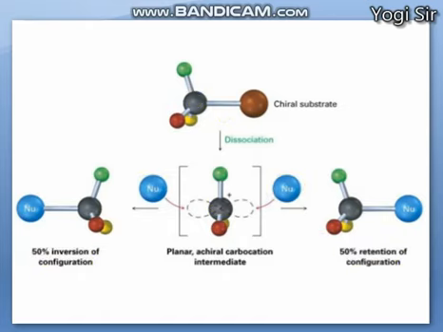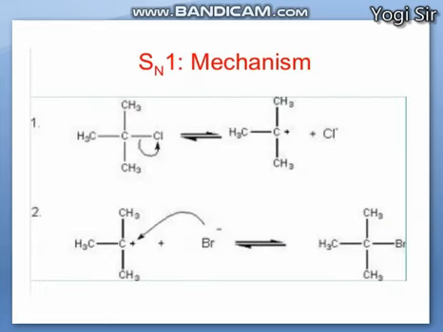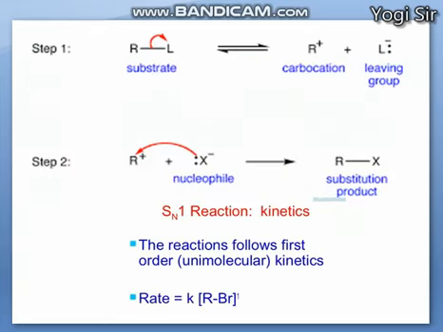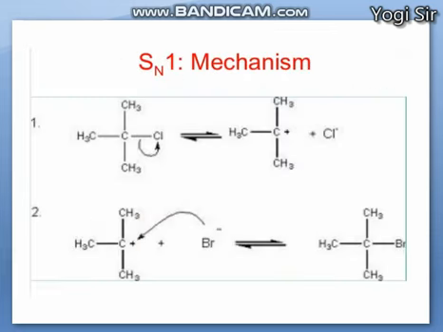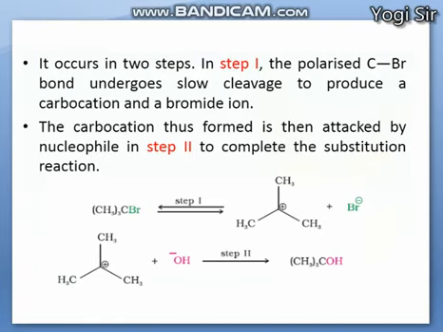And one more thing, if you have noticed, in SN reactions, previously we have seen SN1 and SN2. In SN2, mostly the reactions happen with primary alkyl halides, while in the SN1 mechanism, mostly we select a compound which has a tertiary carbon. You can see tertiary butyl bromide.